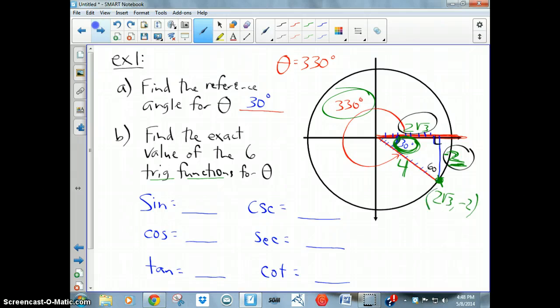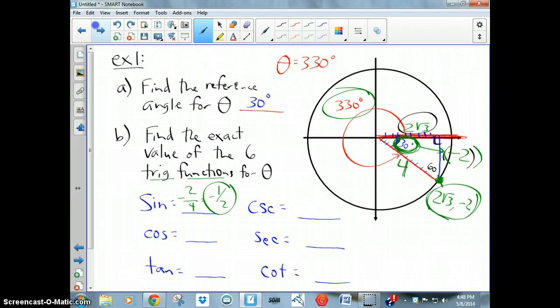So we got to use the negative sign. I'll rewrite this a little neater. We need to use the negative 2 because that's the coordinate. So, sine of 30 degrees, opposite over hypotenuse. That would be negative 2/4, which reduces to negative 1/2.